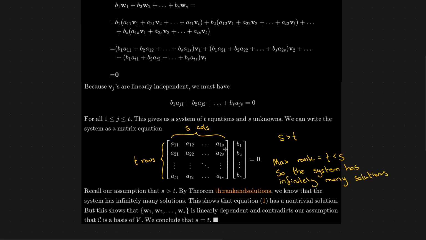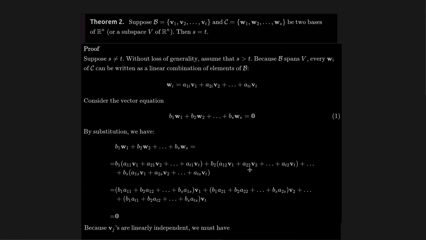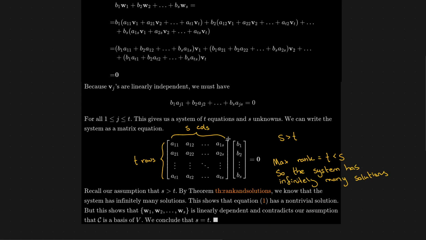Remember, the whole way we got this system here is we started with this and then we plugged in, right? Remember the b's here are the coefficients here. If we have infinitely many solutions here, the b's are the solution to this system also.